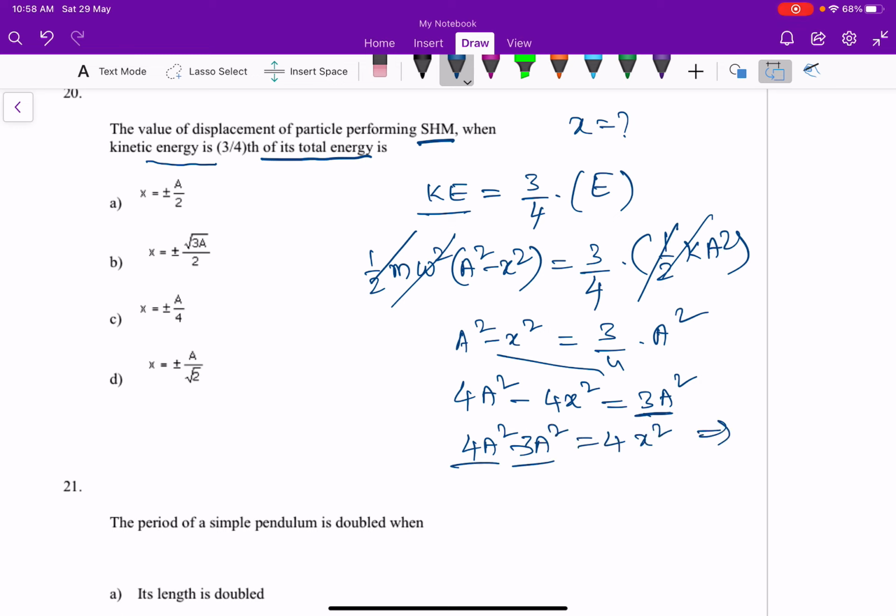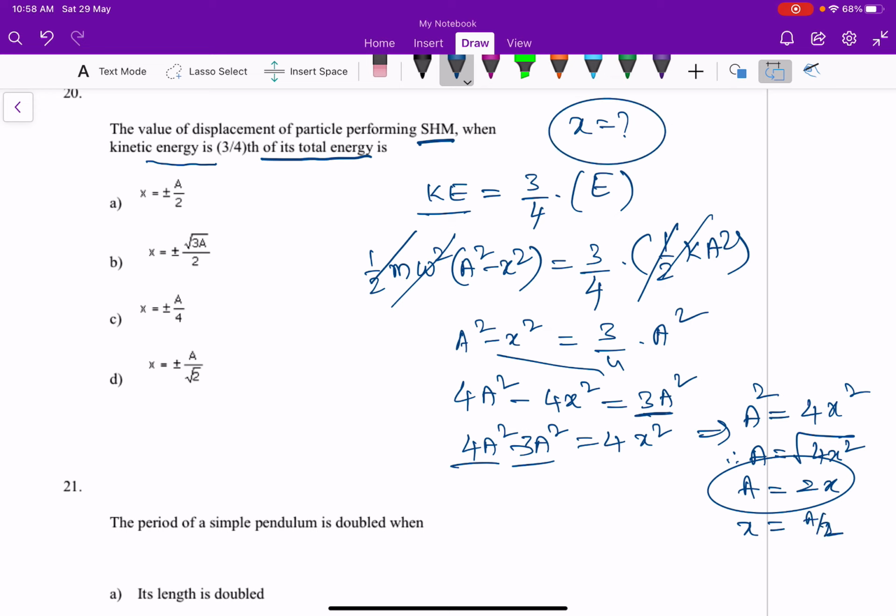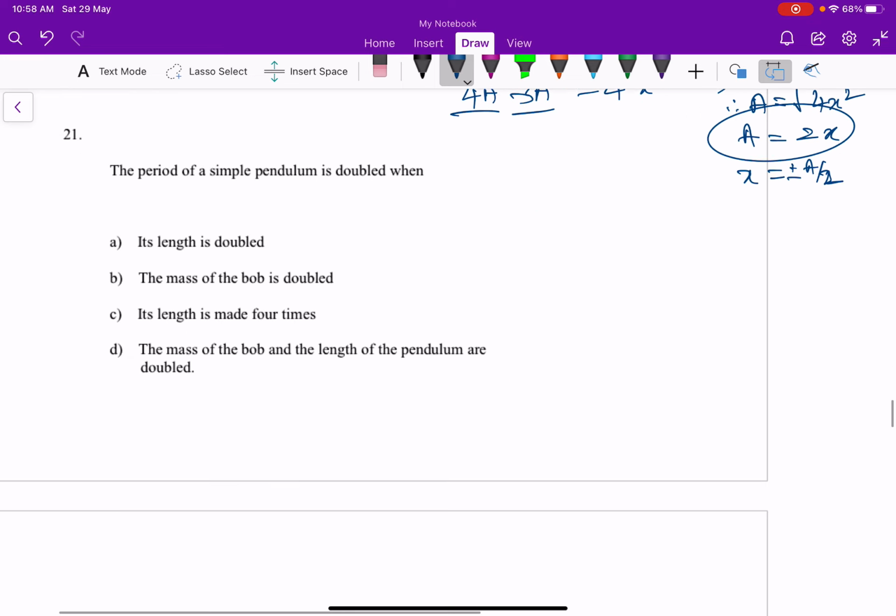That means a square is equal to 4x square. Therefore, a is equal to 2x, that means x equal to a by 2. He has asked to find the x value, so x equal to plus or minus a by 2 is the correct answer.